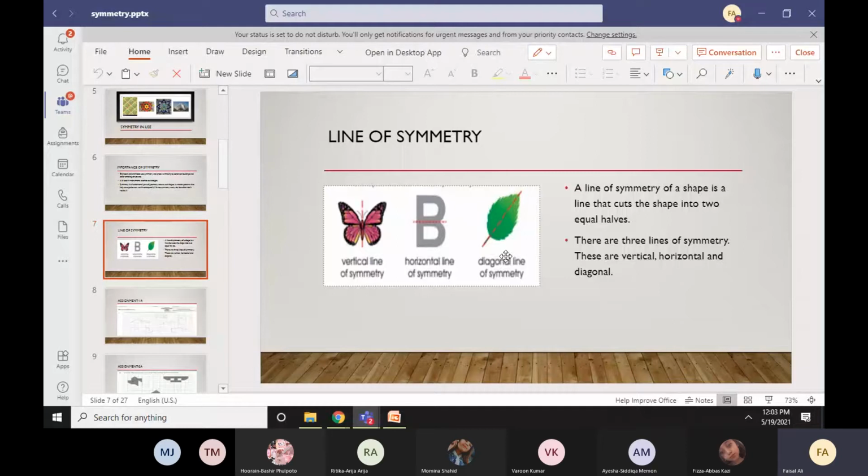If I cut this shape vertically, the leaf will not be symmetric. So it has a diagonal type of symmetry. When we cut this leaf diagonally, here you can see the red line, it will be diagonally symmetric. So there is a diagonal line of symmetry.